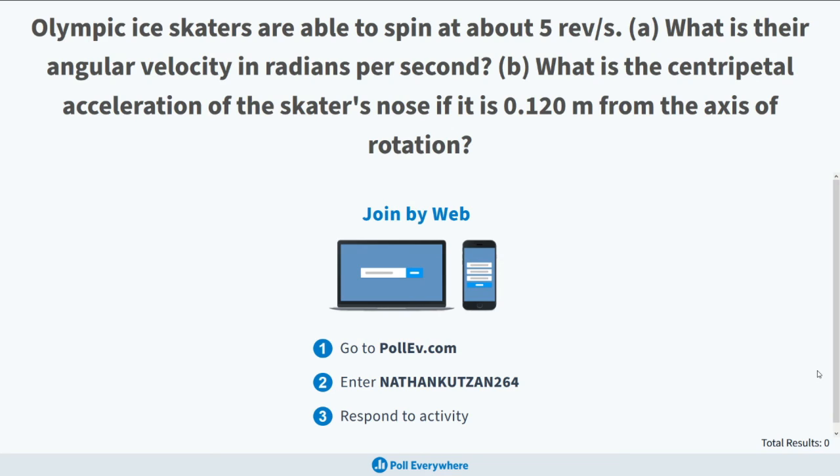Can anyone tell me? 2 pi. Yes, it's 2 pi radians. So there are 2 pi radians in one circumference of the circle, and you just have to know that for part A. And rev over s is revolutions per second, just to clarify.